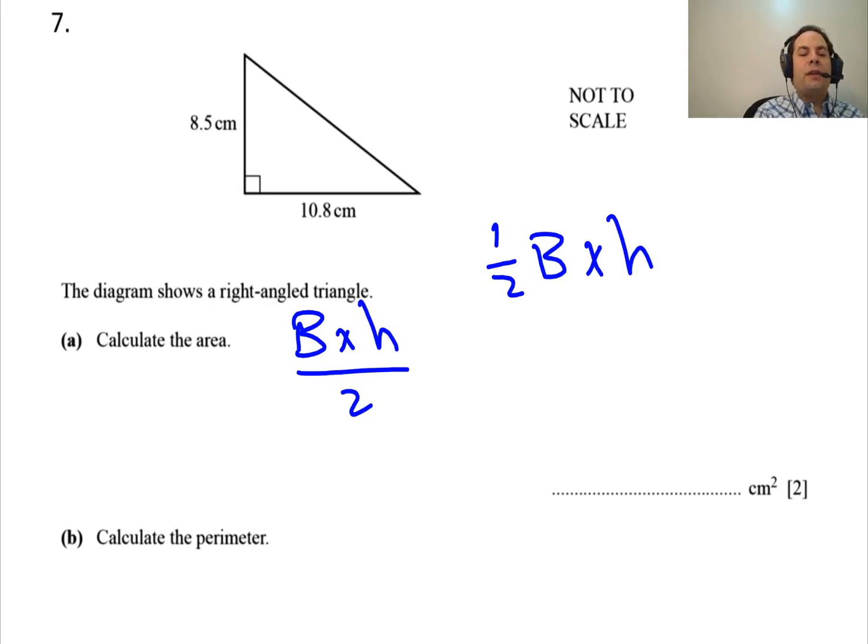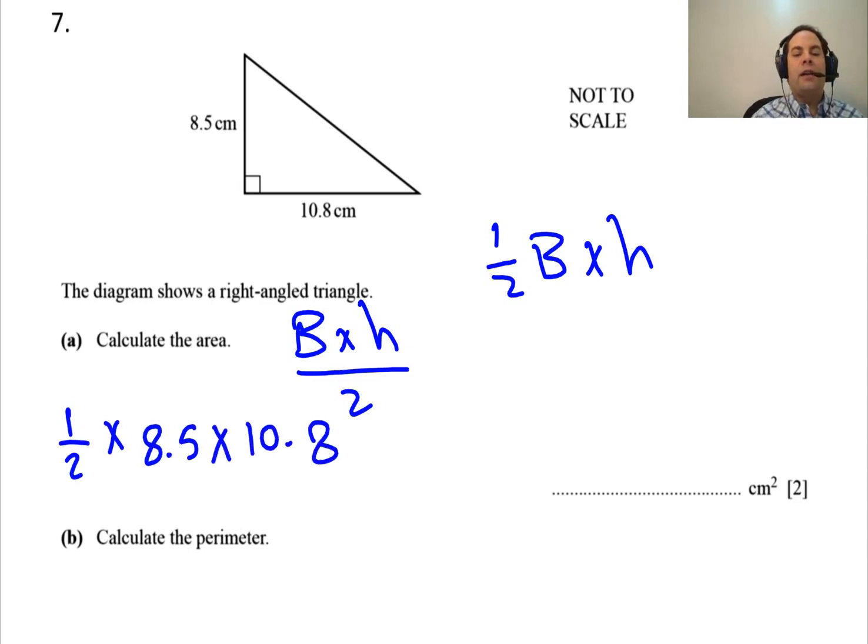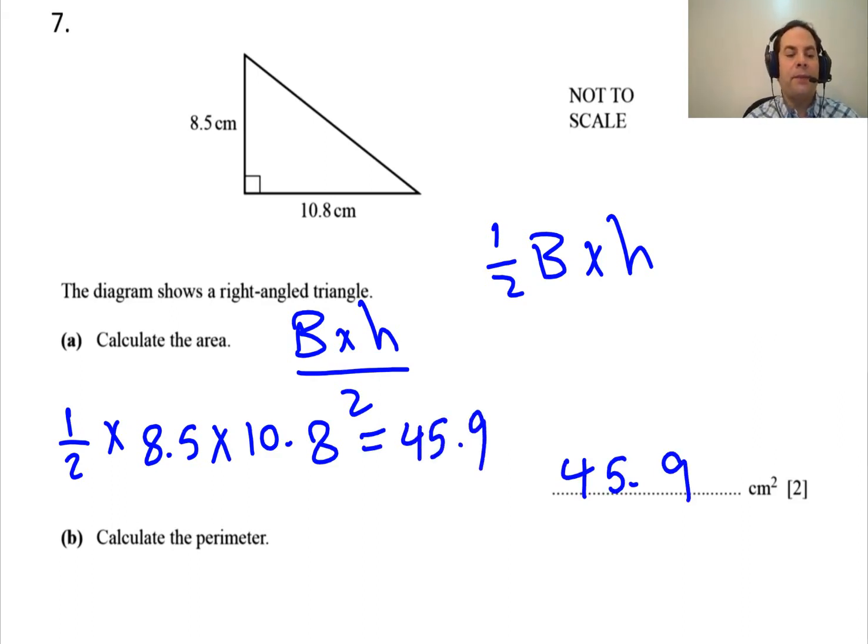So the answer here is half times 8.5 times 10.8, and you find your answer, which is 45.9. You can write your answer here first, 45.9.